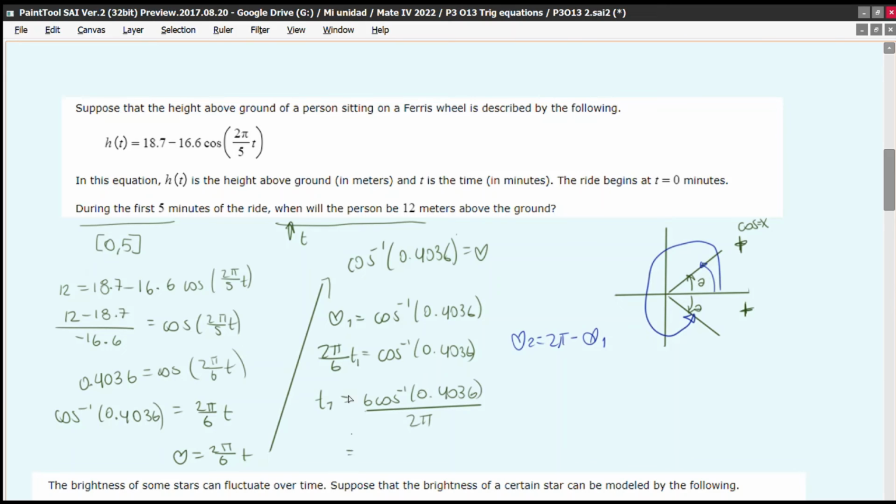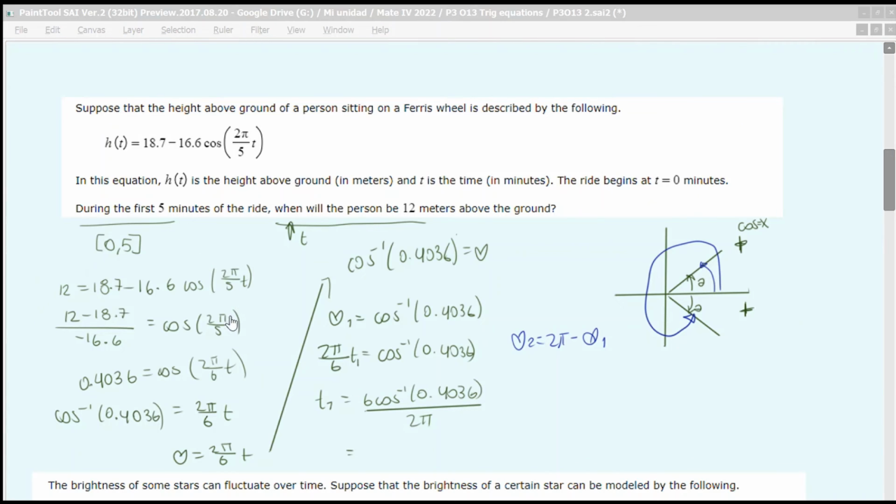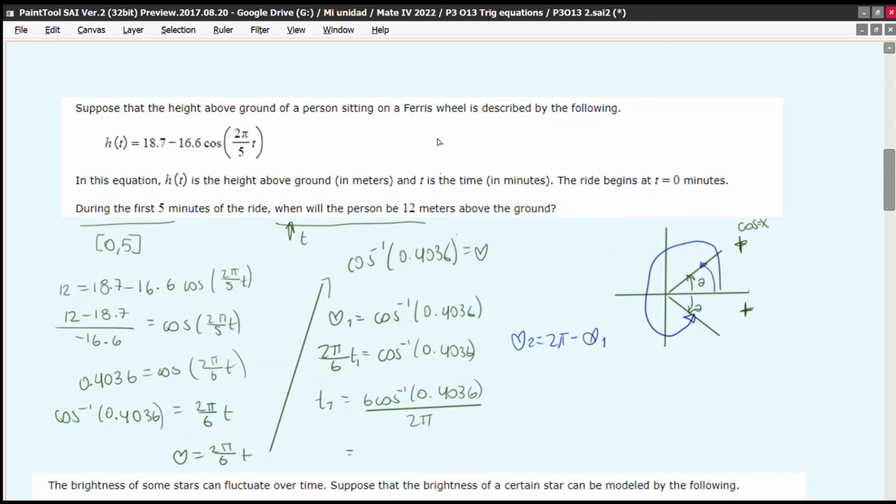So this is my first solution. If I plug this into the calculator, this is cosine inverse of my answer times 6 over 2 pi. This is 1.1. So this is my first answer. For my second answer, I'm going to substitute these two values. My theta is 2 pi over 6. Oh my god, in what moment did I change a 5 to a 6? I'm so sorry.